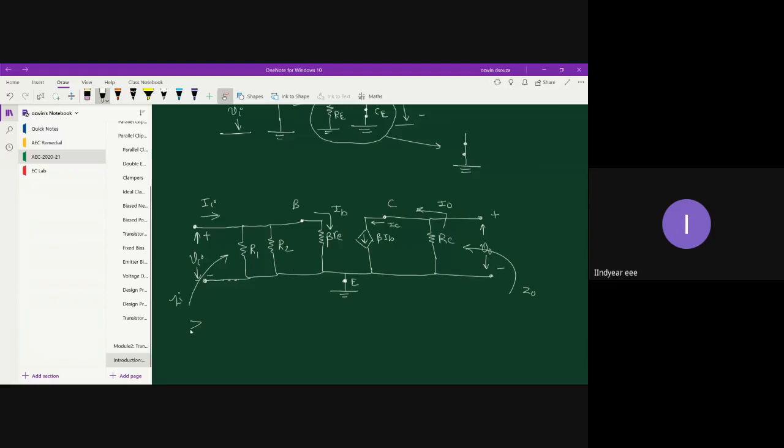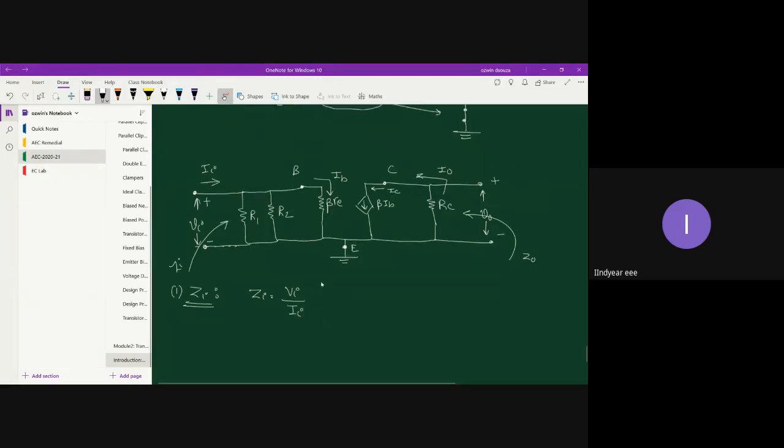Fine then. Let's find the first performance parameter, Zi. By definition, what is Zi? Zi is the ratio of input voltage to input current. You can estimate Zi with observation itself. Across base and ground, what do you see when you look into the network?